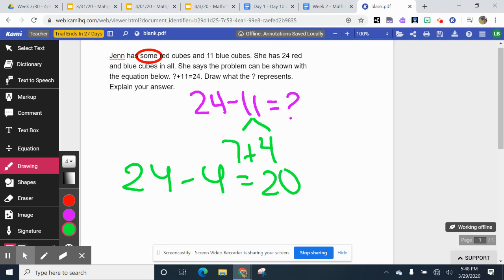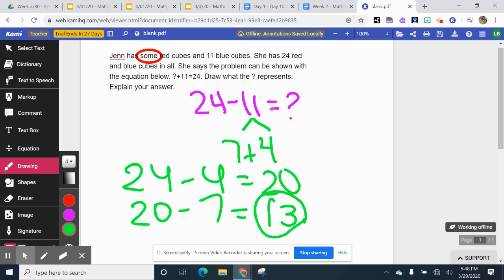Then we can take that 20 minus 7 and that gives us 13. Again, same answer that we got before, just a different strategy. There are many strategies that we worked out. Another one would have been a hundreds chart. All the same strategies give us the same answer, which is 13.